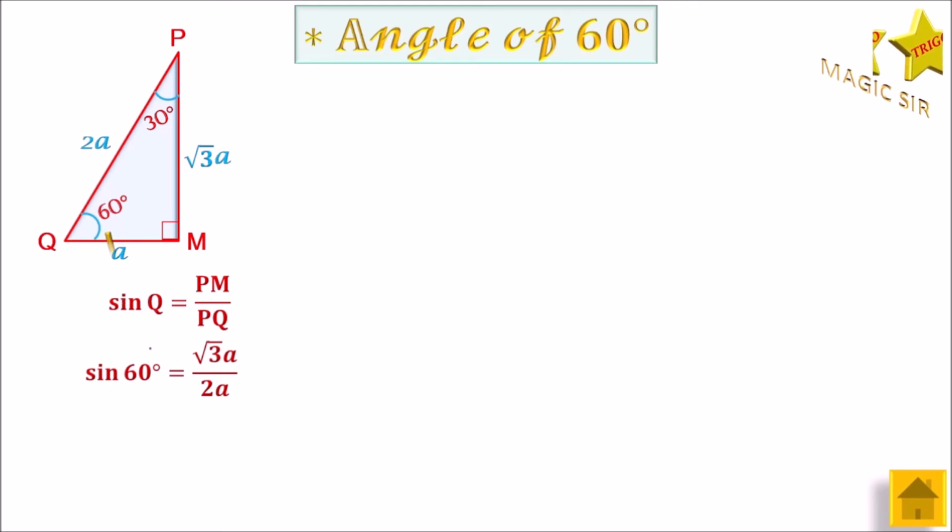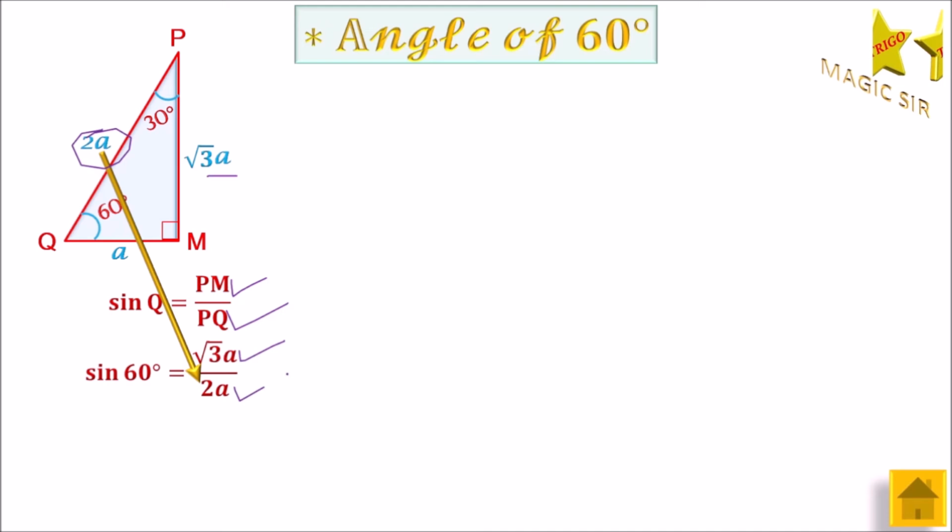We put Q equal to 60 degree. So sin Q is equal to sin 60. We take PM equal to root 3a and PQ equal to twice a.